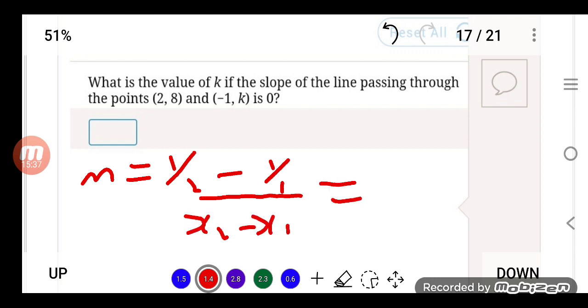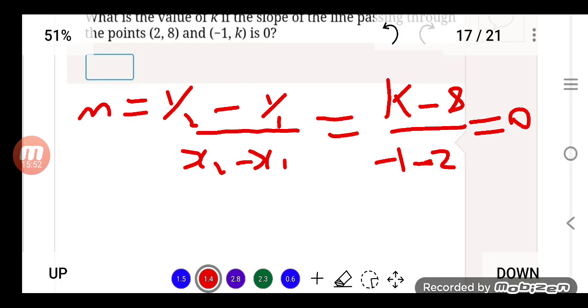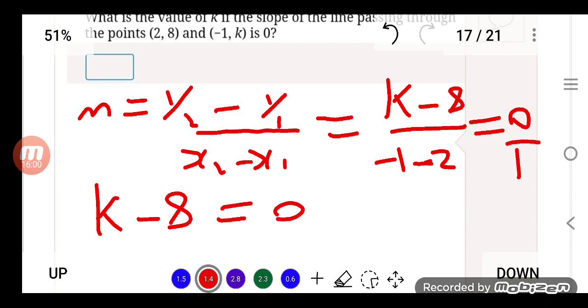So if you plug the information in the formula, k minus 8 divided by -1 minus 2, and we are given that this is 0. Now to solve it, we cross multiply. So you get k minus 8 equals 0, and this means k equal 8. So the answer is 8.